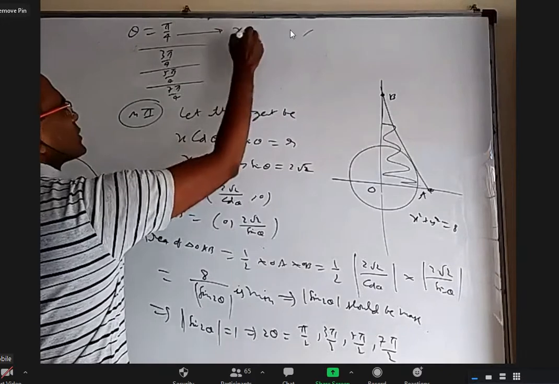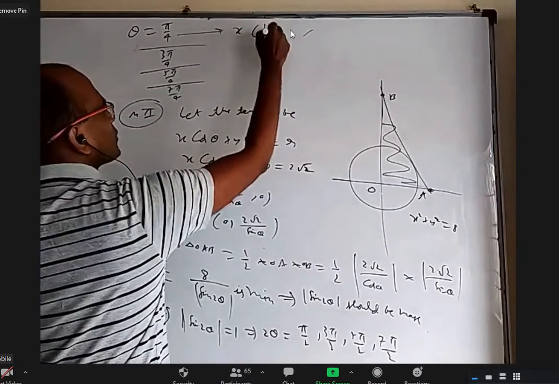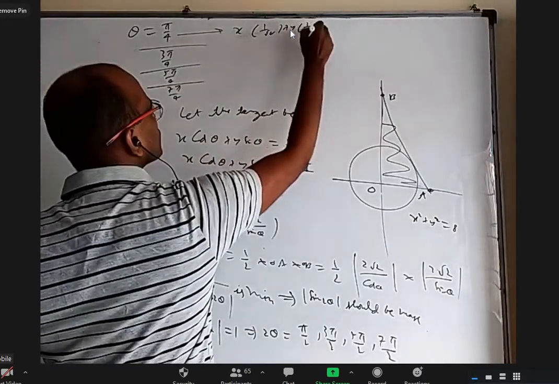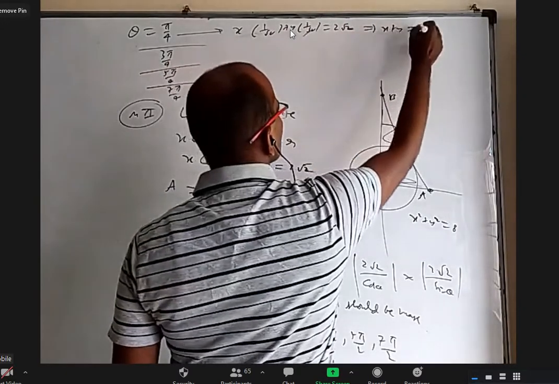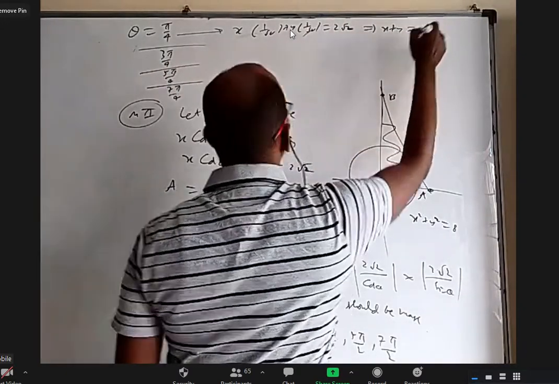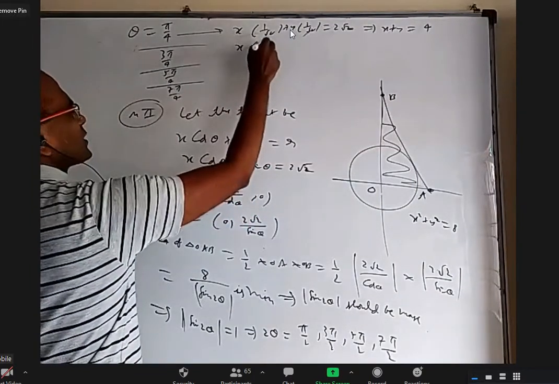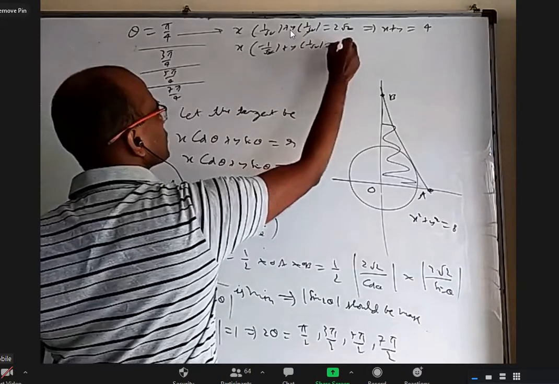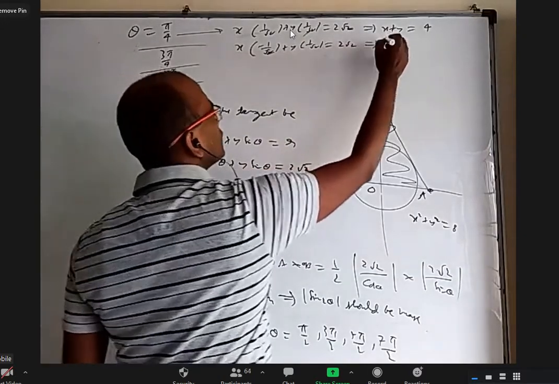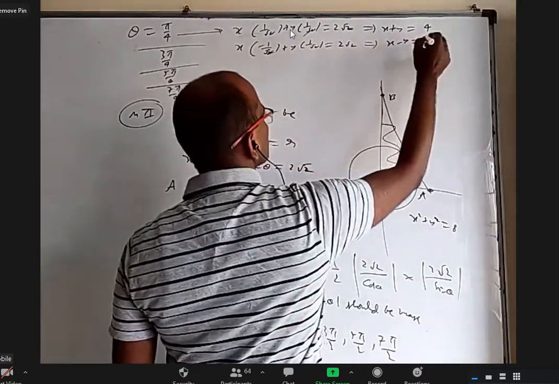Pi by 4 means x into 1 by root 2, y into 1 by root 2 is 2 root 2. That is x plus y equal to 4. 3 pi by 4 means x into minus 1 by root 2, y into plus 1 by root 2 is 2 root 2. That is x minus y equal to minus 4.